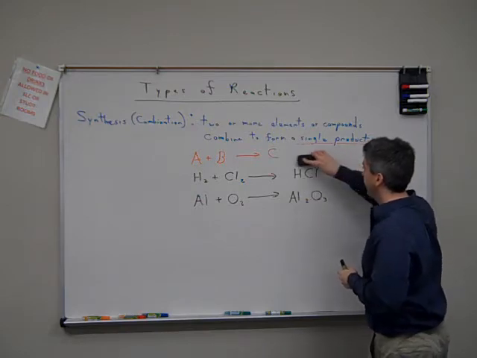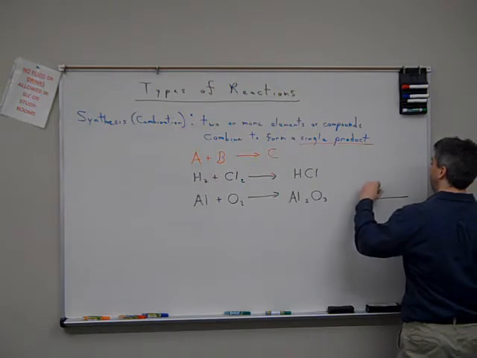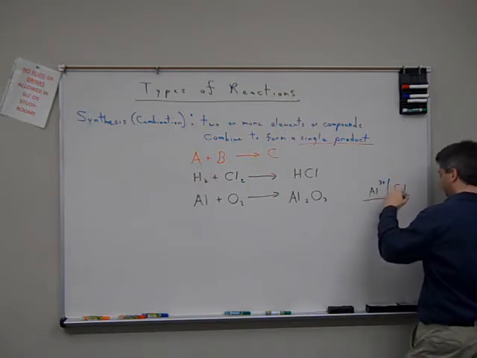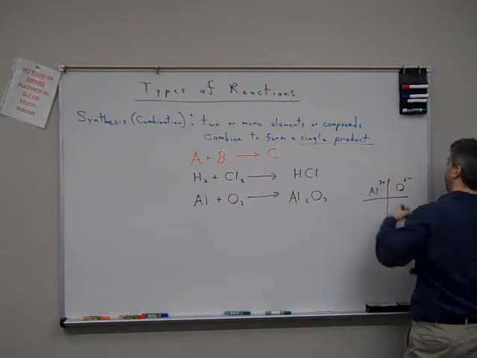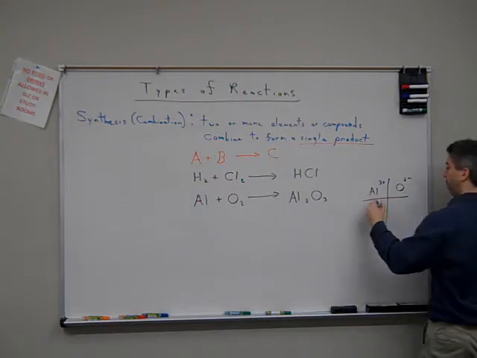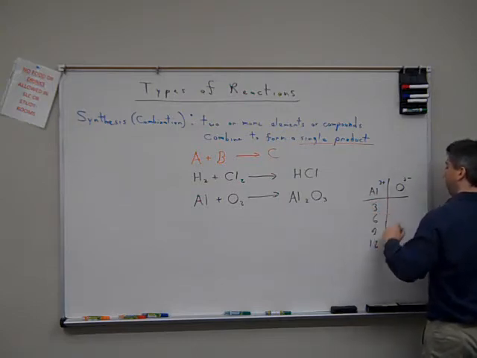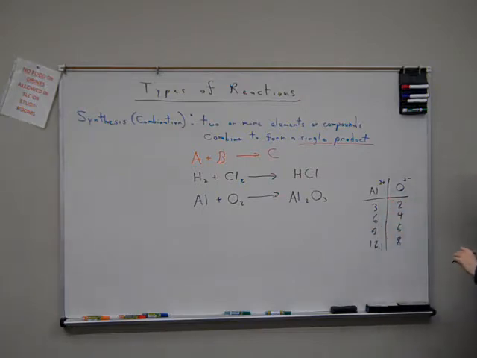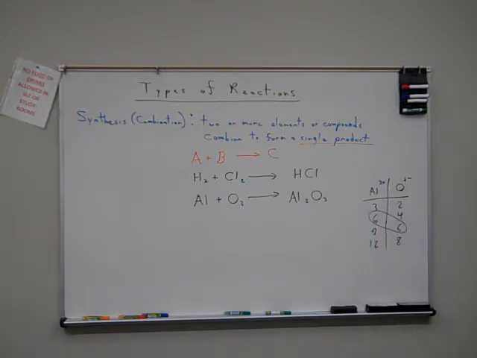You can think of it like this: if I have aluminum with a 3+ charge and oxygen with a 2- charge, the multiples of 3 would be 3, 6, 9, 12. Multiples of 2 are 2, 4, 6, 8. The lowest common multiple is 6, the lowest multiple they both have in common.